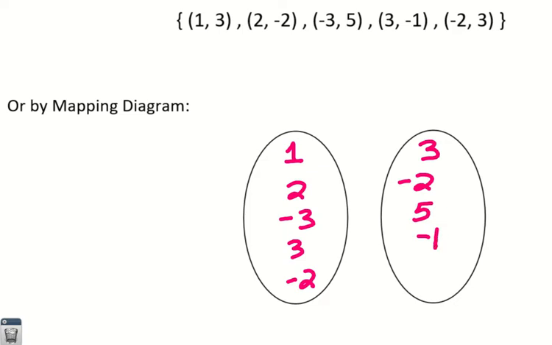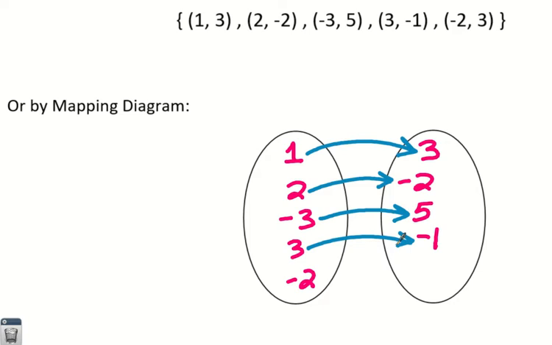And so here's how we finish this mapping diagram. There's always arrows when it comes to the mapping. So 1 maps to 3 with the arrowhead there. And 2 maps to -2 because it's 2, -2. And -3 maps to 5 because these numbers go together as an ordered pair. 3 maps to -1.